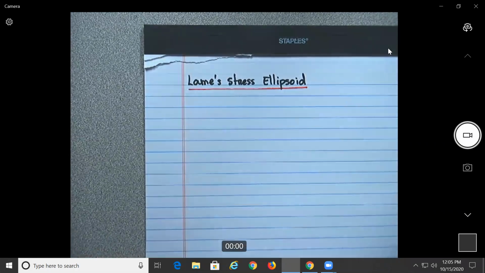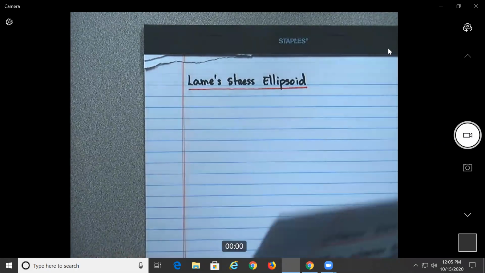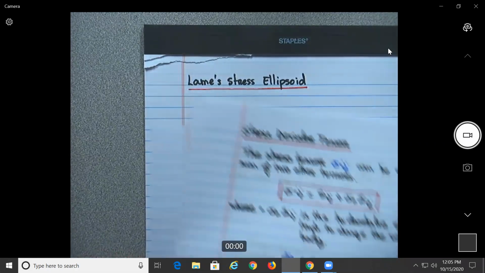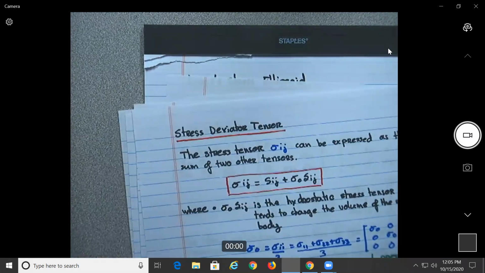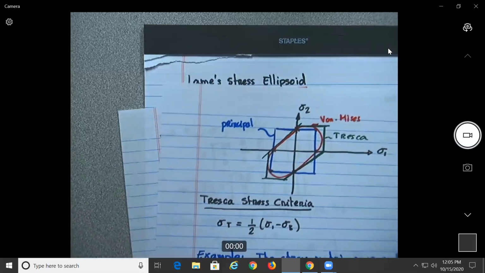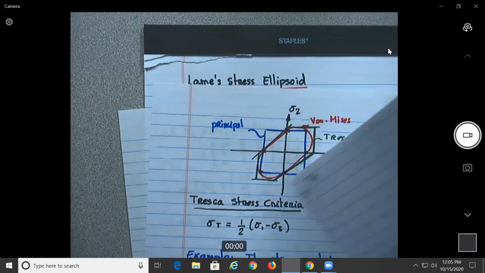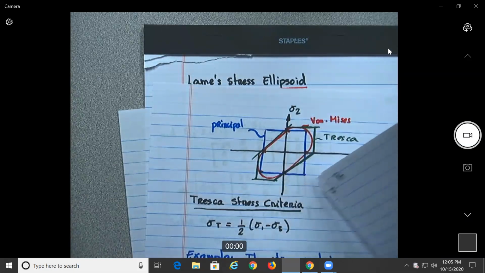And you will see that this guy, Lame, was very famous. When you go to stresses, he's the one that derived all those matrices. But basically, the only thing I'm trying to show is that this figure here shows the most traditional stresses models, but there are others, no? Okay, that you can use.